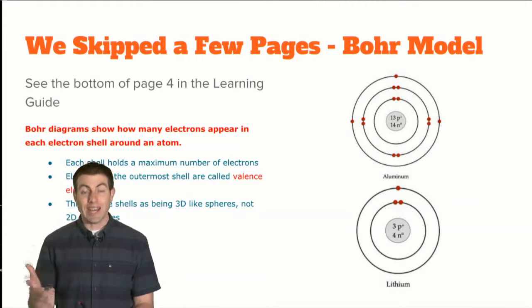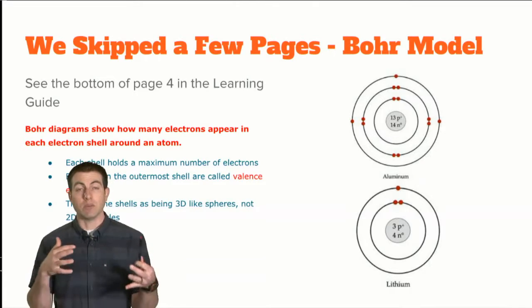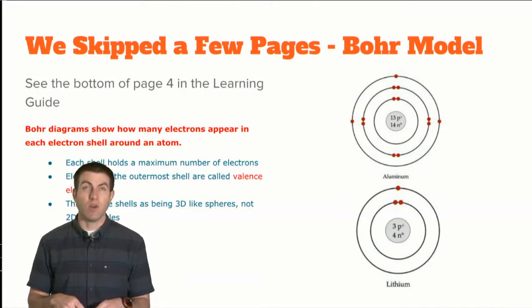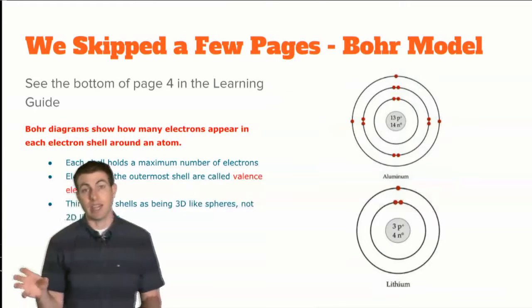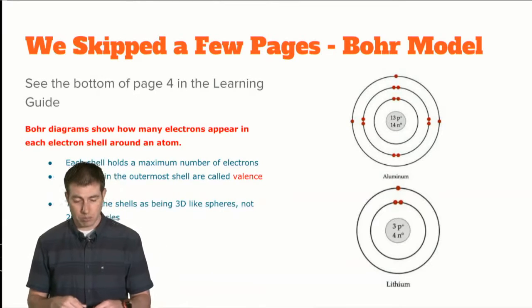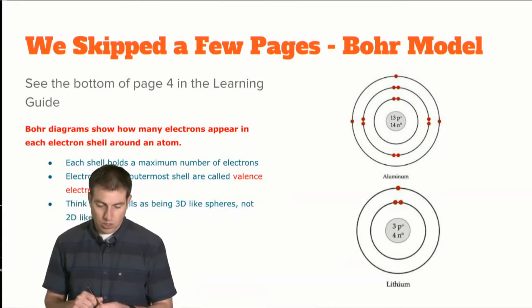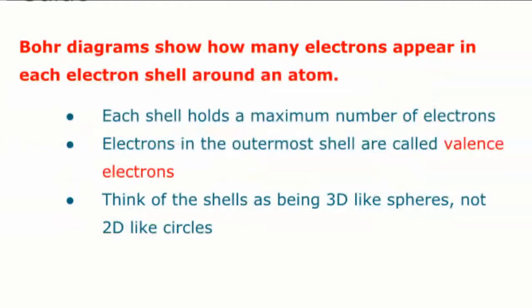And the reason we care so much about electrons is because electrons are what determines how atoms are going to bond together. And that's kind of where we go from Science 9 chemistry to Science 10 chemistry. We're talking about bonding now. We're going to put some atoms together and see how they bond. So each shell or circle in a Bohr model holds a different number of electrons.